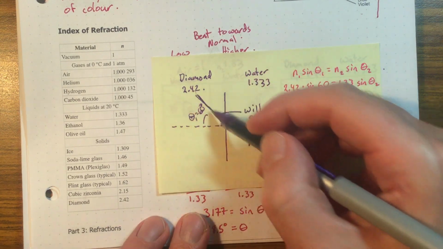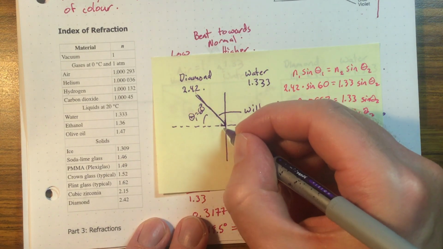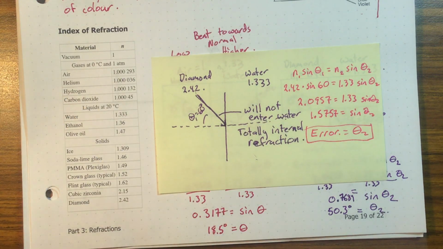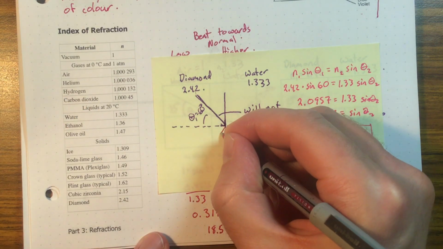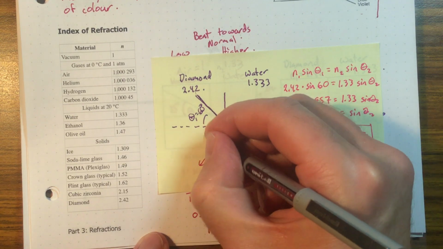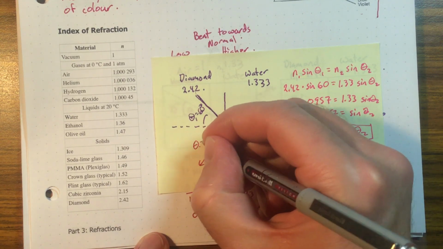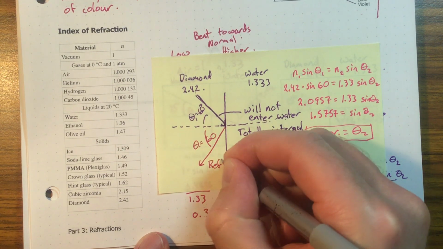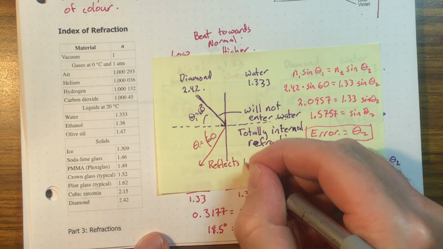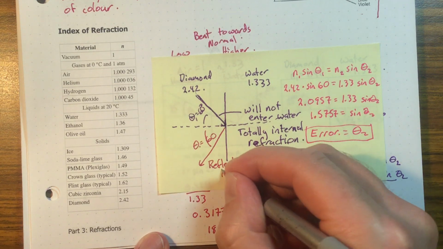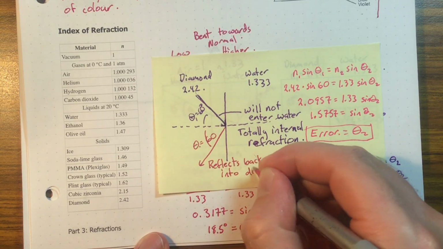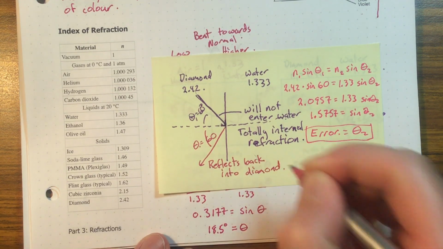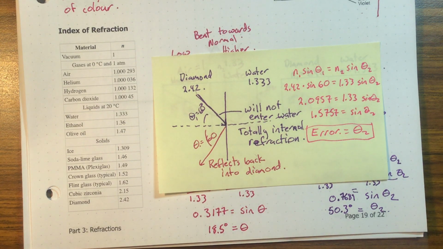That means that this light ray will not exit. It will just reflect back into the diamond with its reflection angle 60. So it reflects back into the diamond. So that's total internal reflection. So it did not leave.